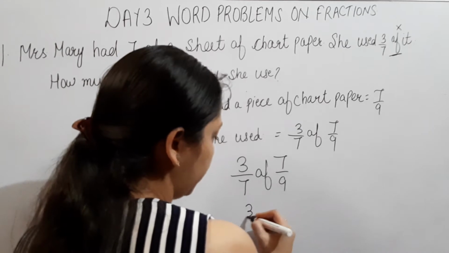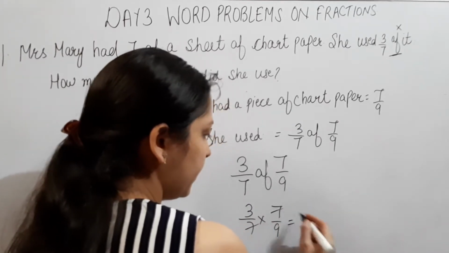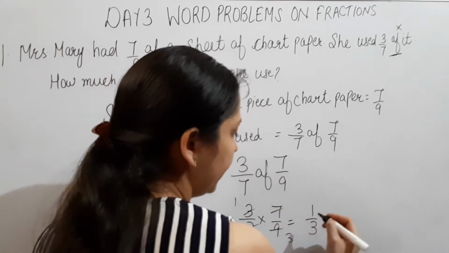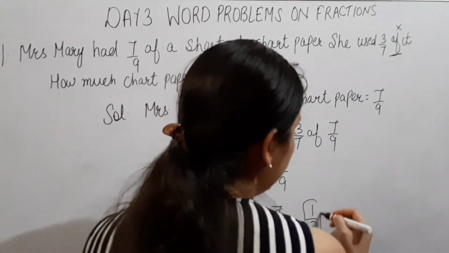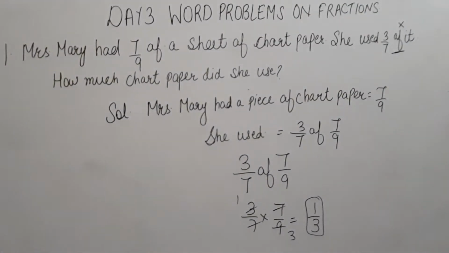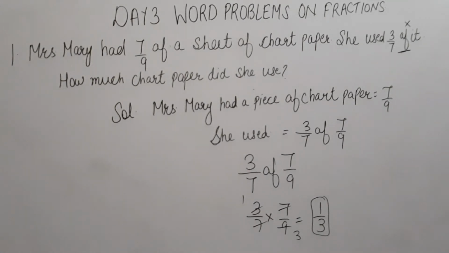Of means multiply. So you can crisscross 7 by 7 and you can crisscross 3 and 9. So 1 by 3 part of the chart paper she has used. I hope you get this question. So let's move to the next question.